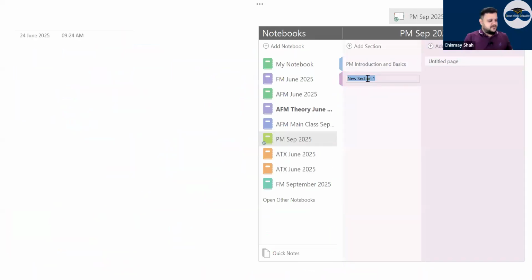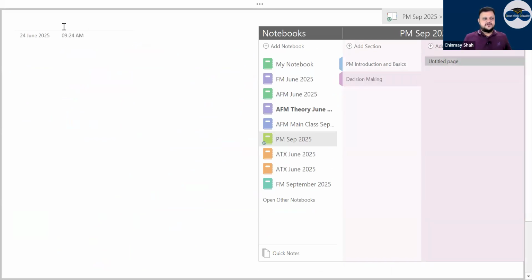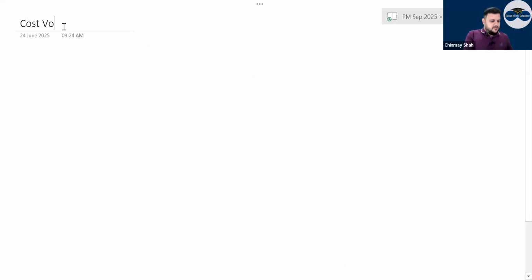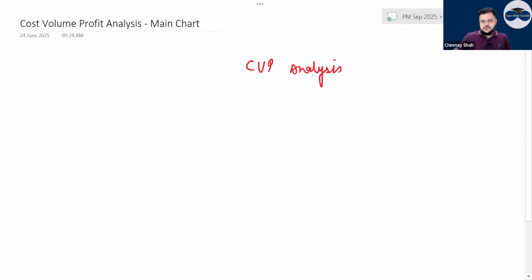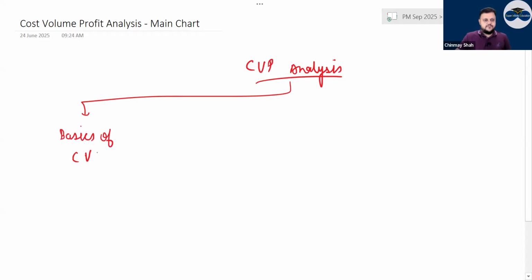I will do the decision making part. उसमें first is CVP analysis, cost volume profit analysis. उसमें there is a question, assumptions of CVP.